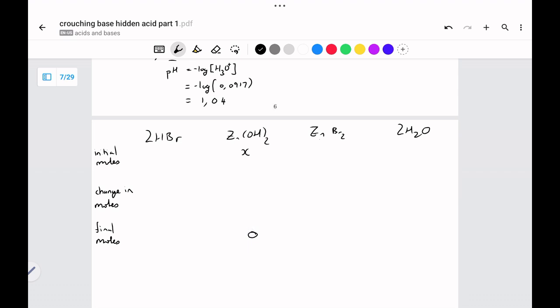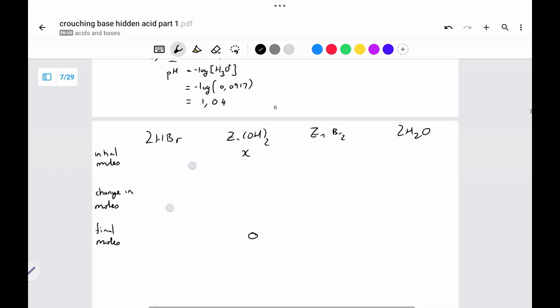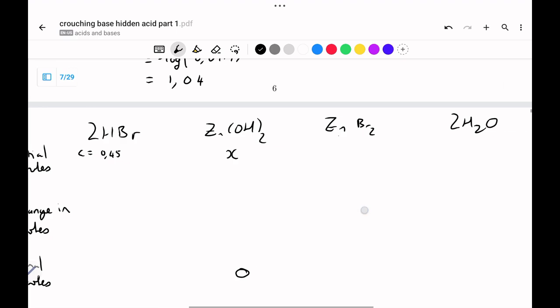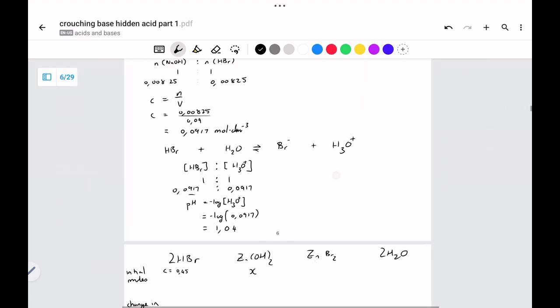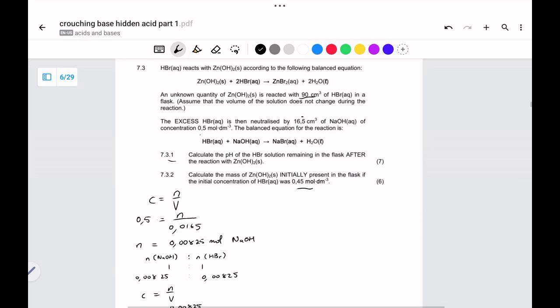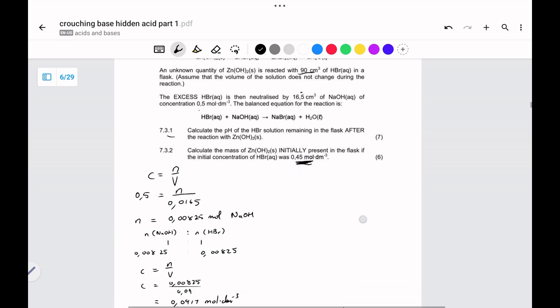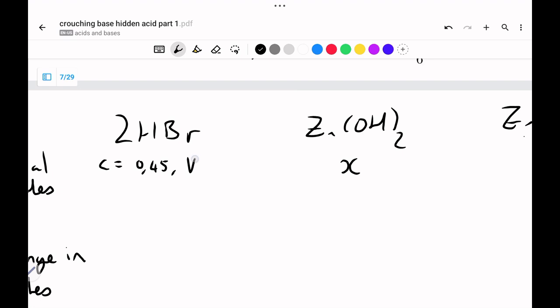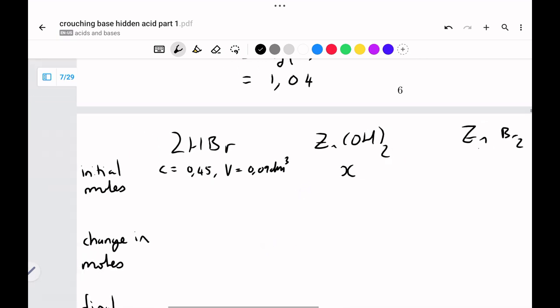HBr initial moles that we're going to find out now, but it comes from our concentration that they told us was 0.45 moles per cubic decimeter. They said that there. And the volume was 0.09 cubic decimeters.